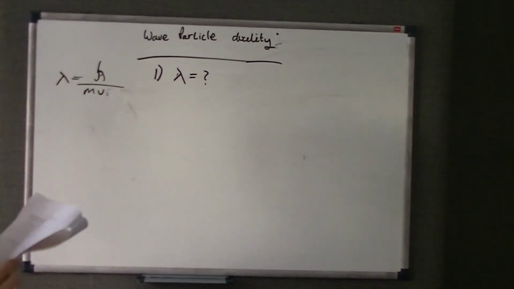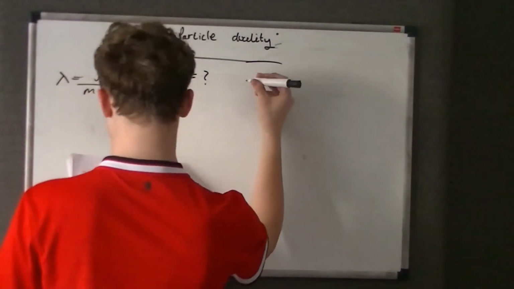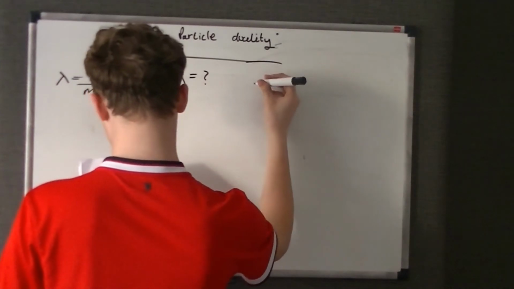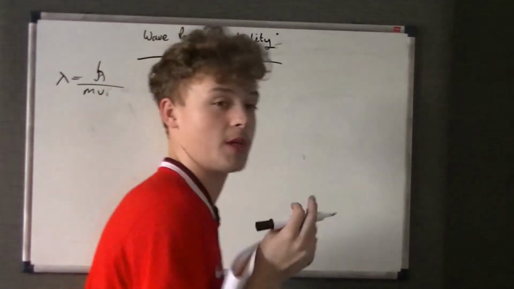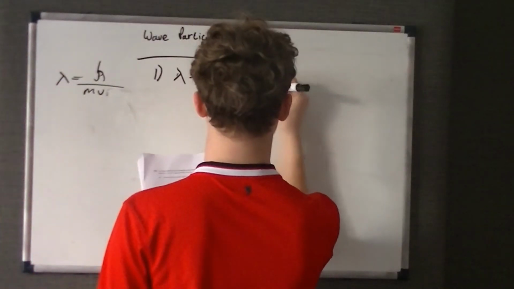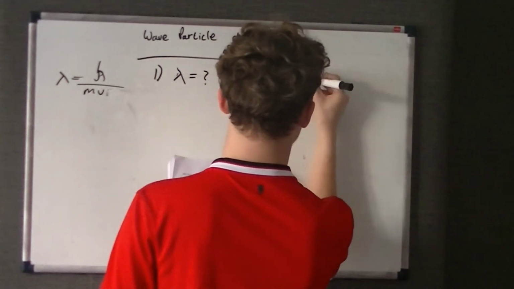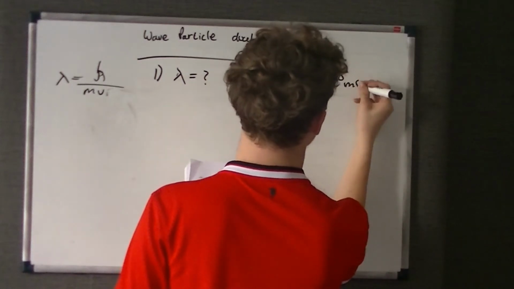So the speed of light. It's not asking for the speed of light, it's asking for a wavelength, but it tells you the speed, which is the speed of light, which is even more confusing than it could be. It could have said anything else. 3 times 10 to the 8 meters per second.